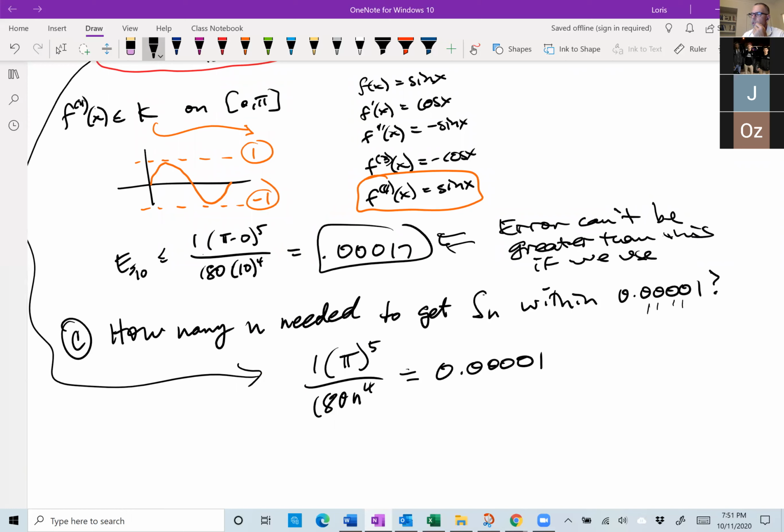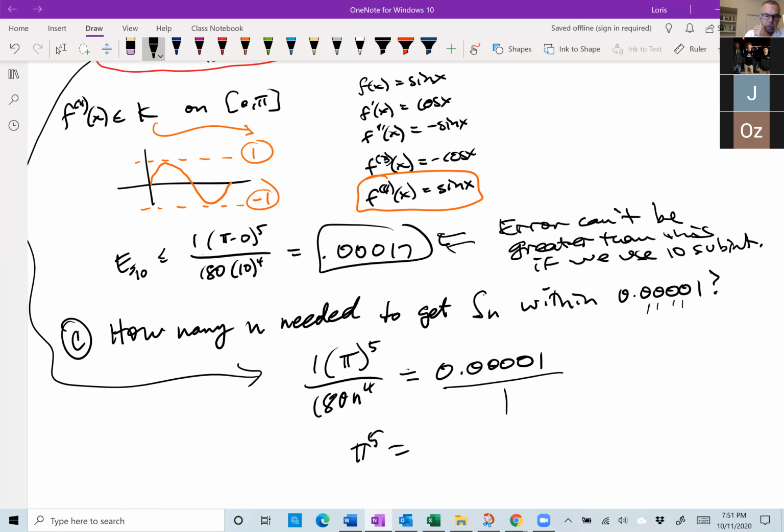Okay, now I'm going to see what's better than 10. So you just solve: we get pi to the 5th equal to 180 times that number. I'm cross multiplying. 180 times 0.00001. Wait, I did that wrong.